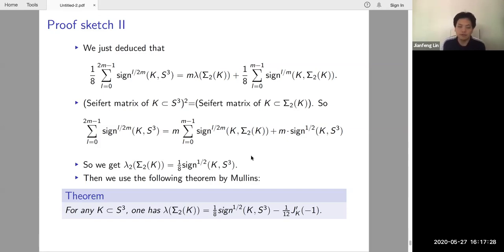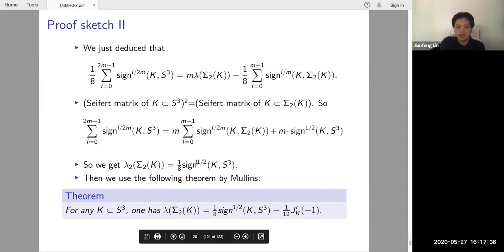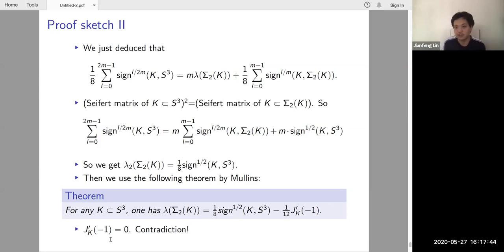So the Casson-Walker invariant is just the Casson invariant. We can combine this result with the equality we just got to conclude that the derivative of the Jones polynomial must vanish. And that's a contradiction with our condition.